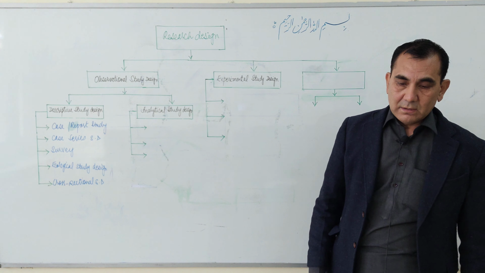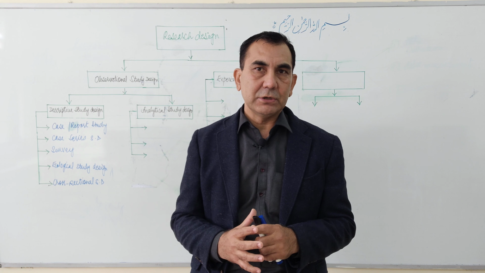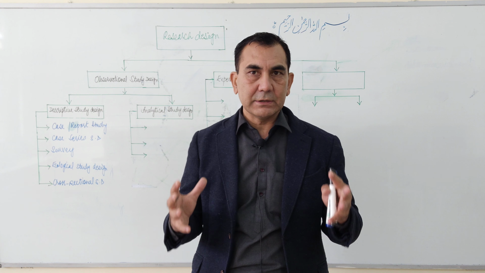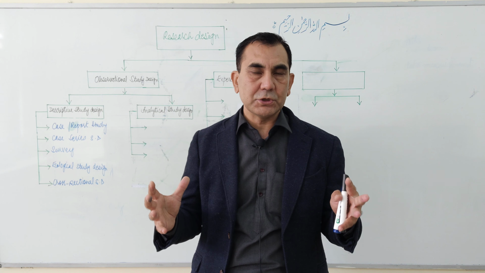Simply, the simple definition: it is the blueprint of the research study or research project. It explains the overall strategy or methodology of the research study, how you will conduct the research study or research project in a systematic way.